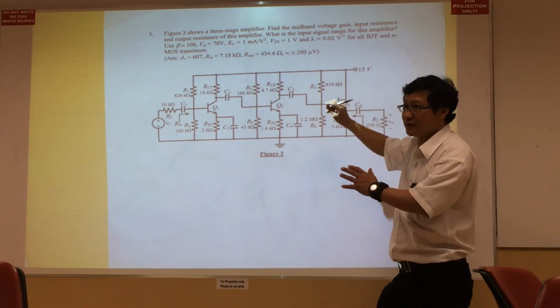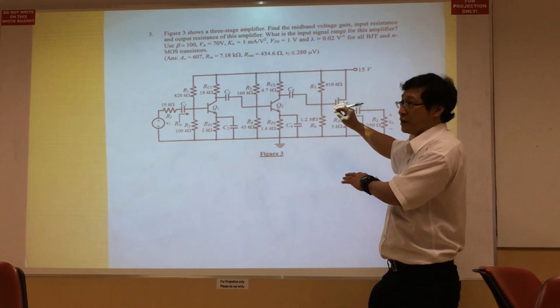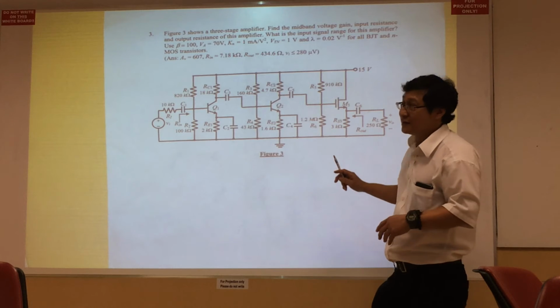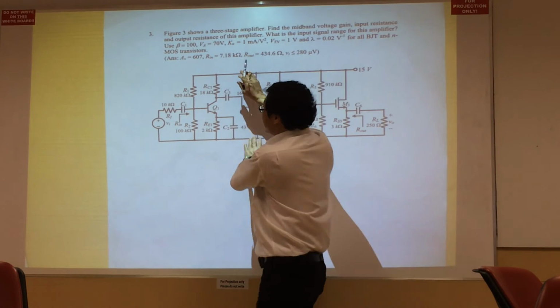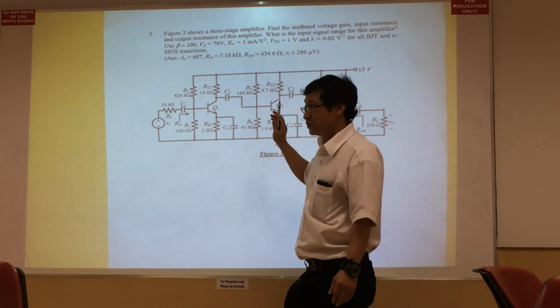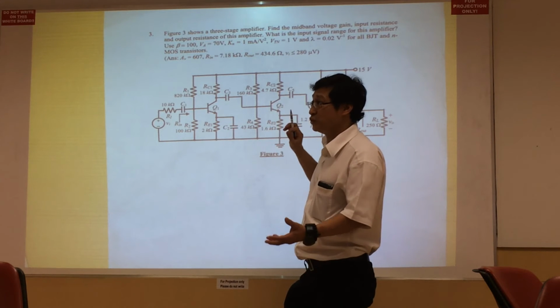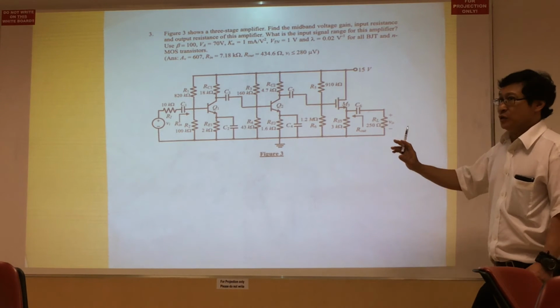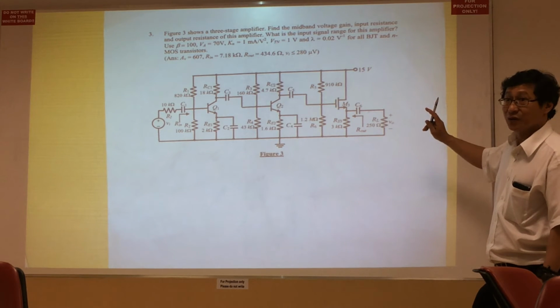You will be given the DC condition, all right? You only evaluate the AC, all right? But in those single stage questions, DC analysis will be there, all right? So you will have to do DC analysis plus AC. But if it is multi-stage, you will only do AC analysis, okay?